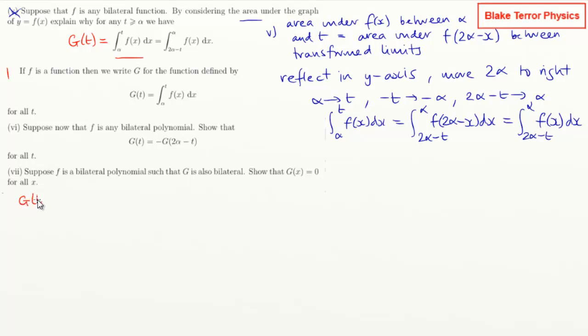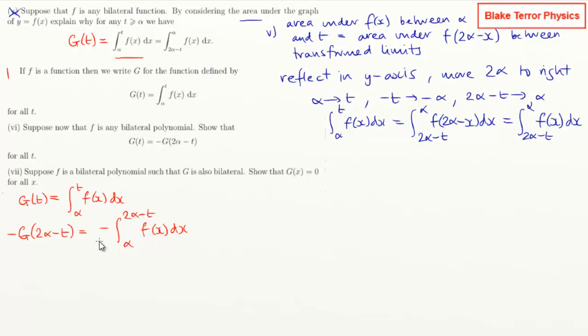Okay, let's write these out then. g of t is the integral from alpha to t of f of x dx. So g of 2 alpha minus t is going to be, well, I'll put the minus in as well, minus the integral from alpha to 2 alpha minus t of f of x dx. So what are we then saying?